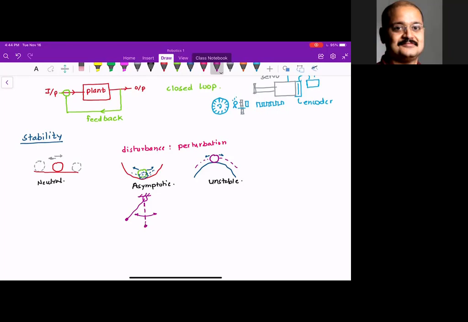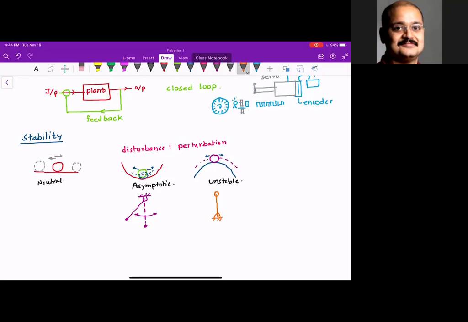So this pendulum, the downward hanging pendulum, is asymptotically stable. On the other hand, if you have an inverted pendulum, please understand, as soon as the pendulum is perfectly vertical, everything is balanced, then perhaps it will stay like that.